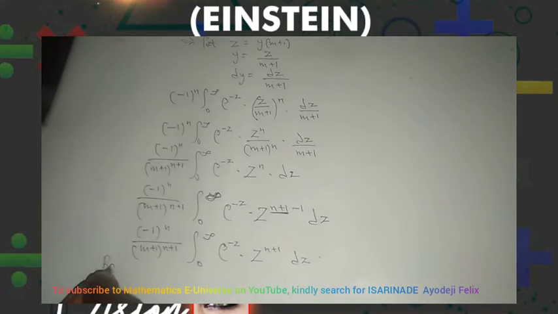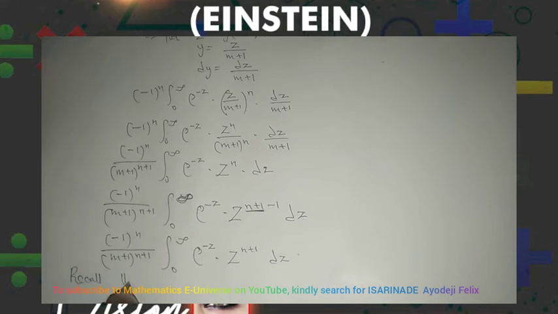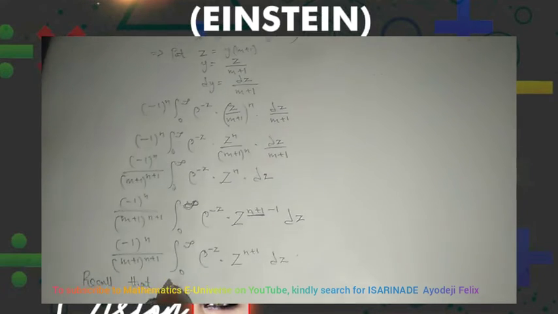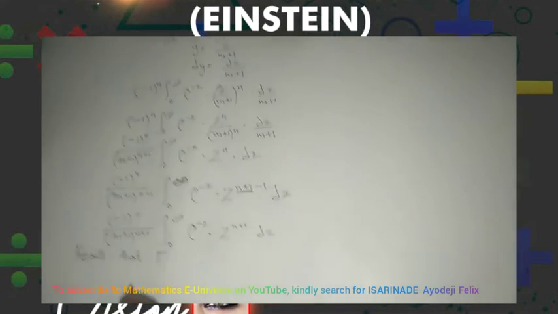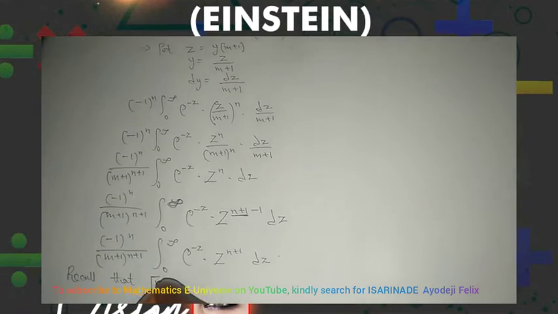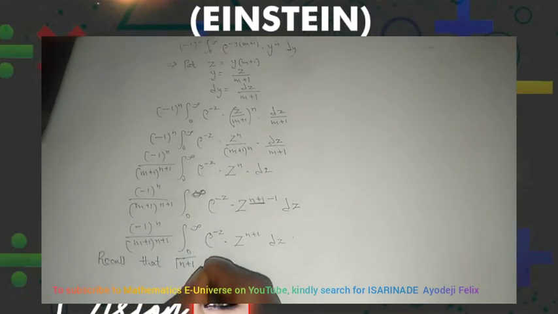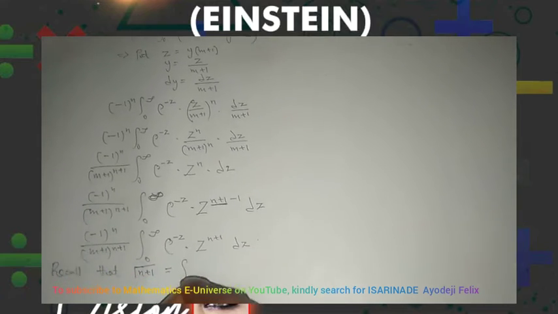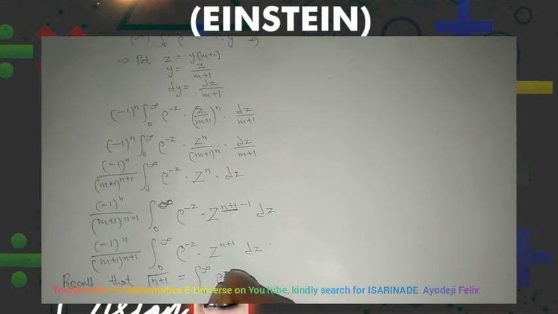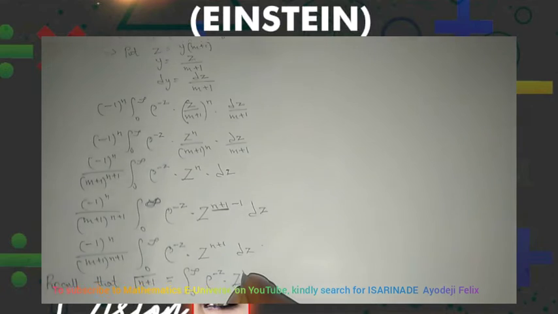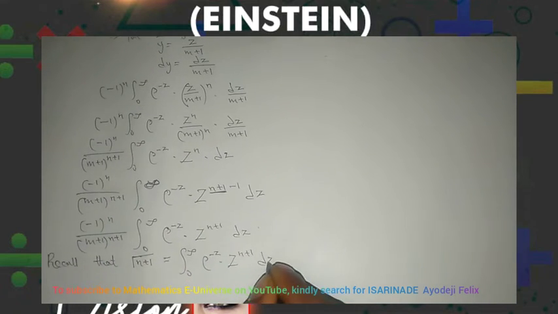And recall that gamma of n plus 1 will give you the integral from 0 to infinity of exponential minus z dot z raised to power n plus 1 minus 1 dz.